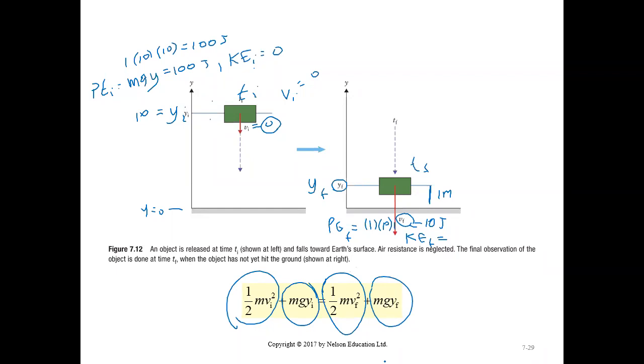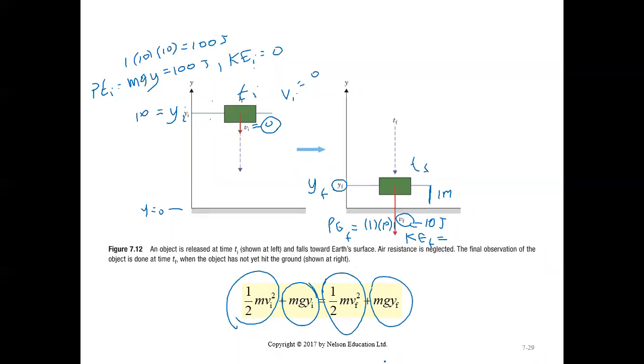Because we assume there are no other non-conservative forces like air drag, air resistance, friction, it doesn't lose energy as thermal energy or any other form. So then we cannot allow the mechanical energy to change.